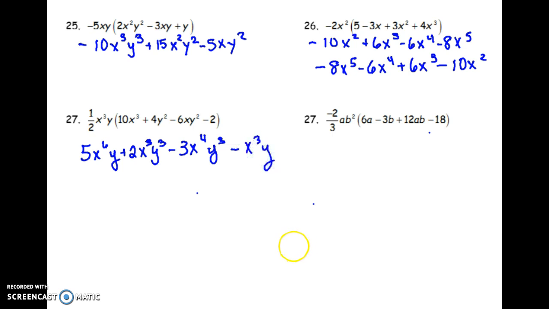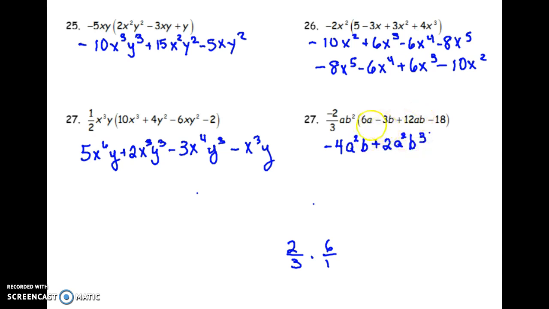27, now remember with fractions, 2/3 times 6, you go straight across, so that would be 12/3, which would be 4, so this is actually going to be negative 4a squared b. This would be 6/3, which would be 2, so 2a squared b to the third.